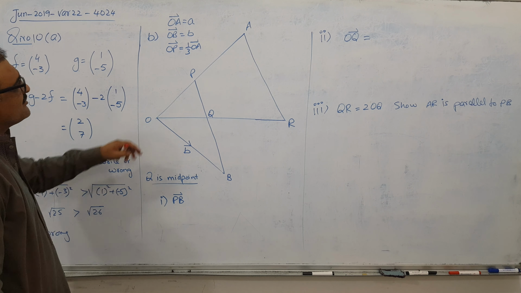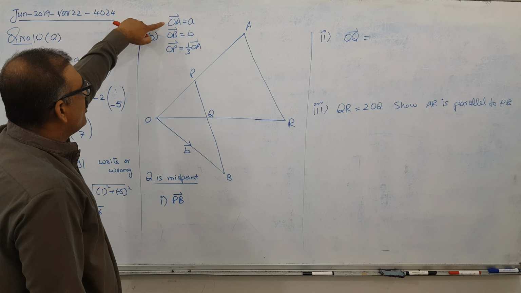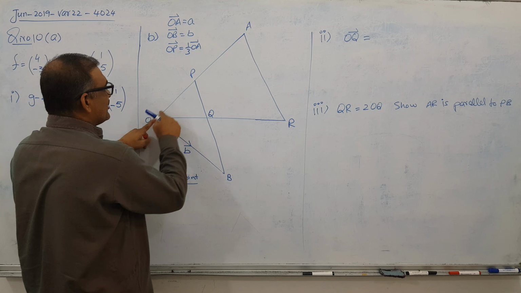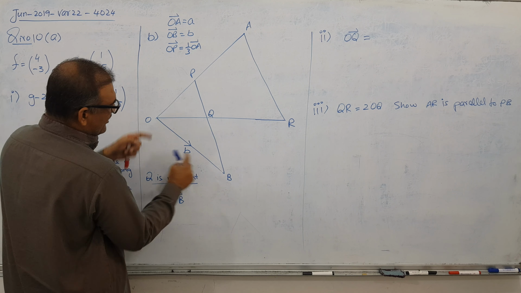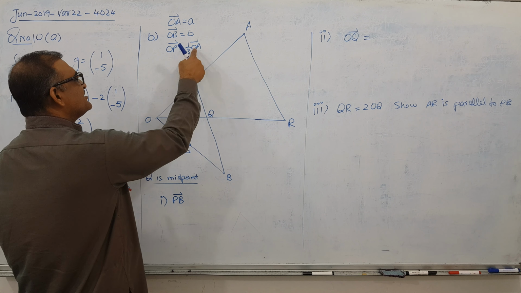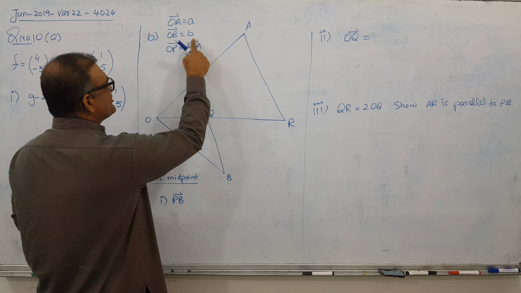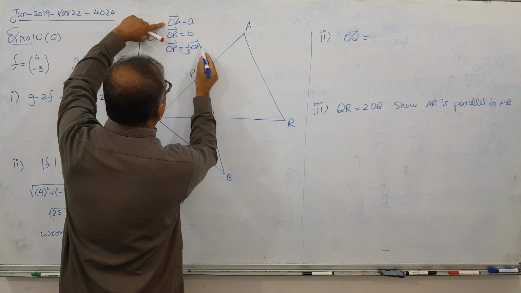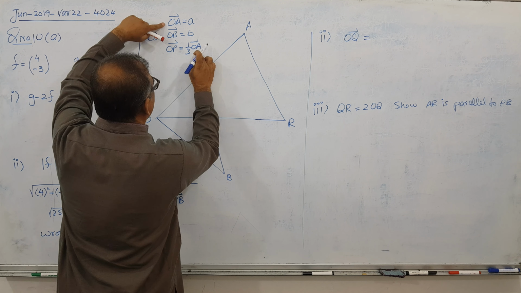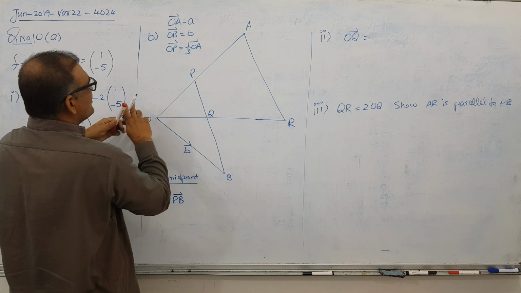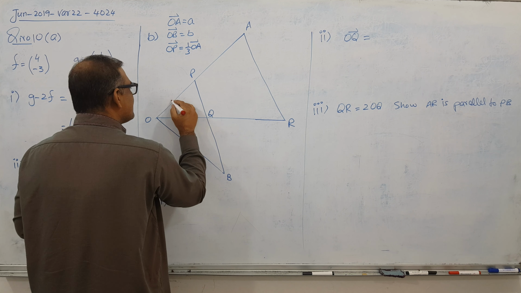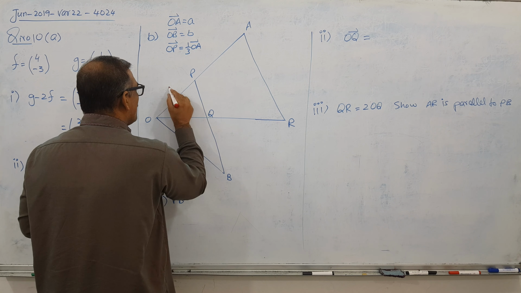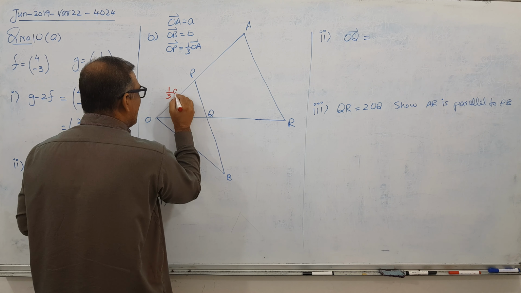Come on to the B part of this question. O to A, from here till here, is small a, and O to B, from here till here, is B. And this is interesting: 1 by 3 of this OA. If I bring this OA value from here, OP becomes 1 by 3 times 2A. So from here till here, it is 1 by 3 times 2A.